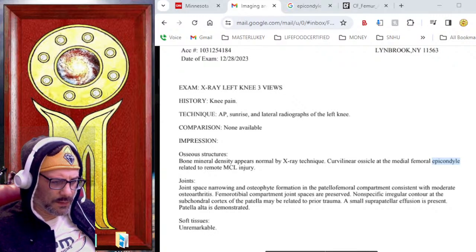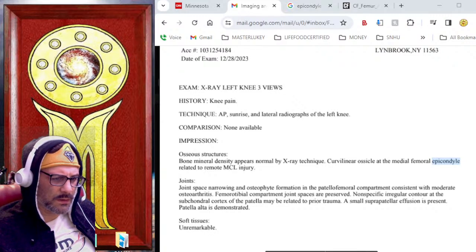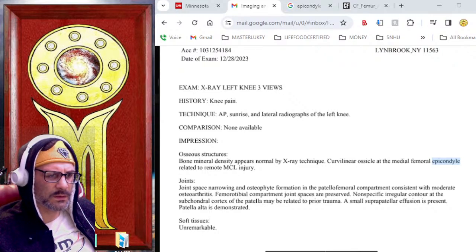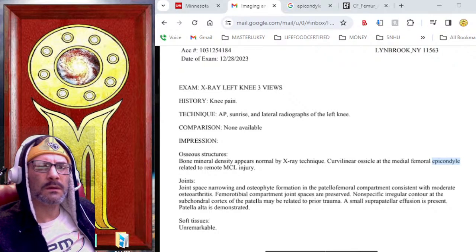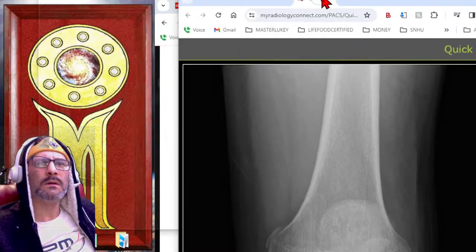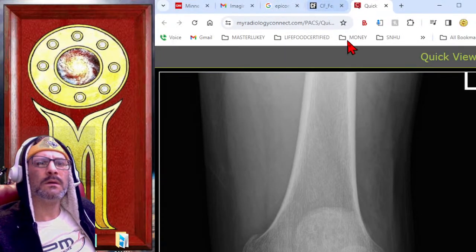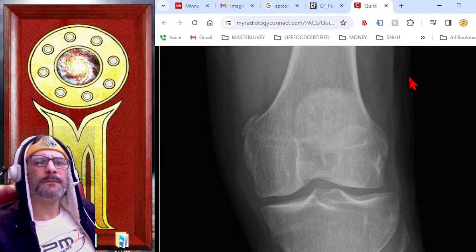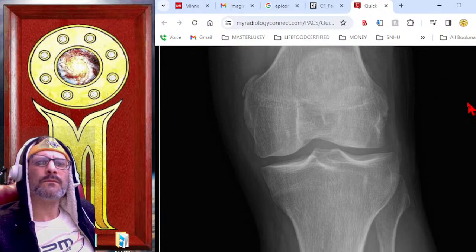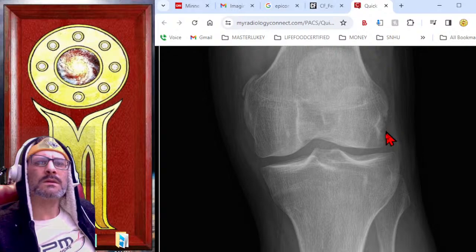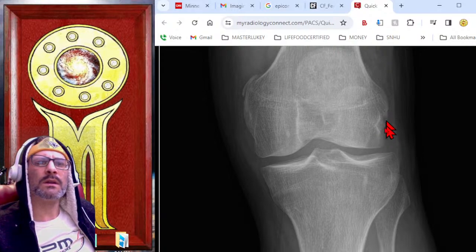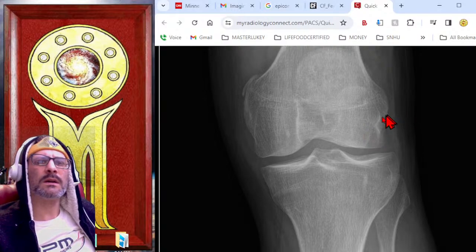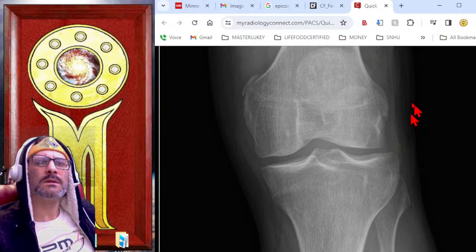So, I think we really only need to see one, but we'll start with this one. So here's the knee. I think this is broken in here or damaged. What is that? How does that look? Does that look damaged?